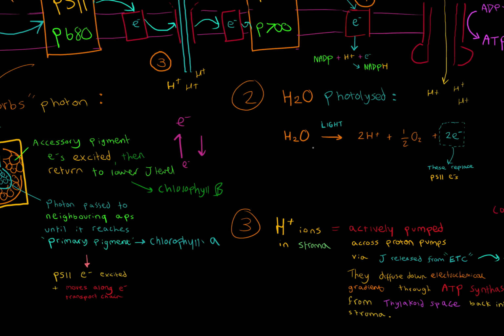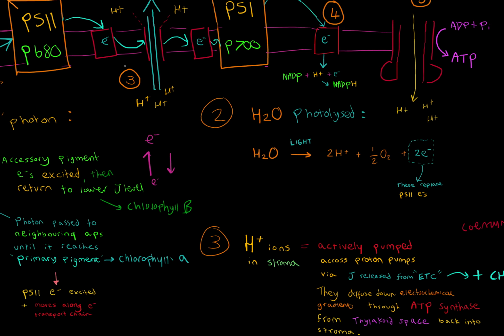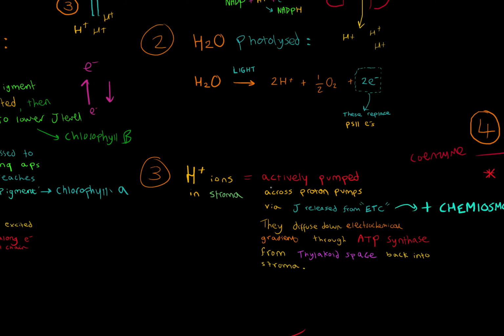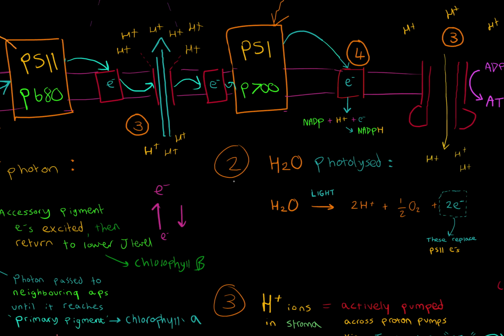Okay, so as the electrons, specifically PS2 in this context, because they come from PS2, move along the electron transport chain, they provide the energy to actively pump protons, or hydrogen ions, H+ ions, that are present in the stroma across the thylakoid membrane into the thylakoid space. Okay, so I described that earlier.